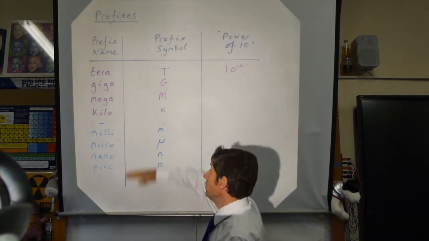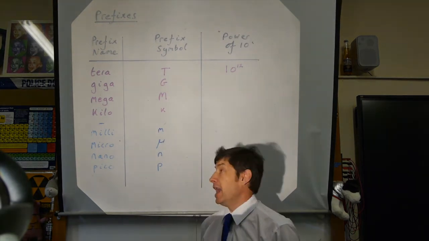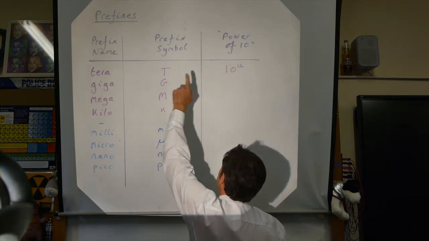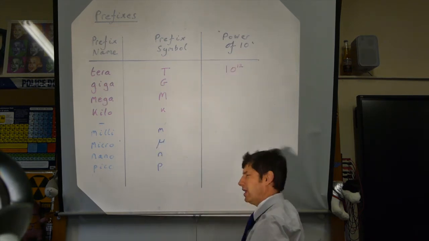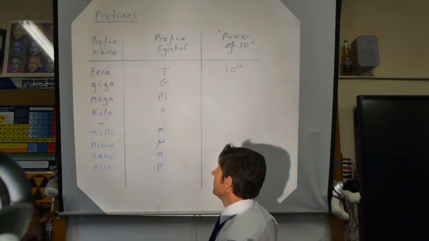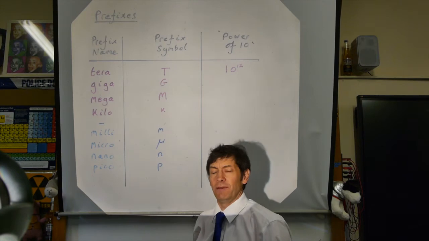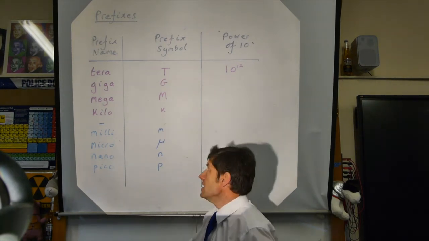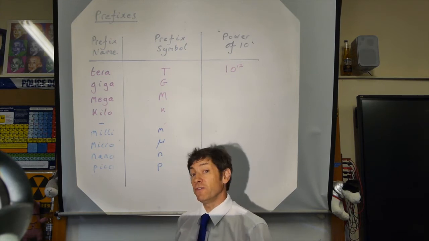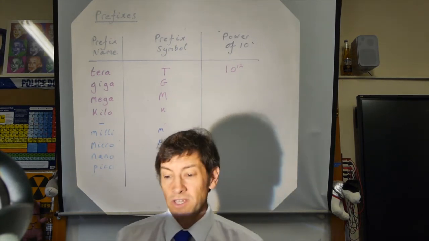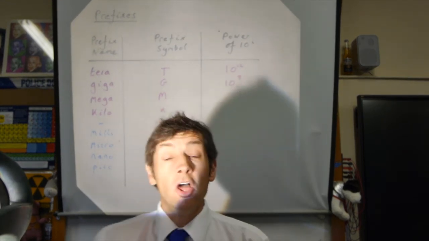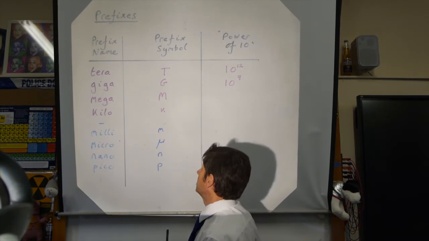Now, there are a whole range of these, and I'll just whiz through them briefly. Tera is a power of 10 to the 12. It's like 1 and 12 noughts, a massively large number. You probably won't come across that in physics very much. Giga, we talk about gigahertz with microwave signals, and gigahertz are 10 to the 9 vibrations a second.